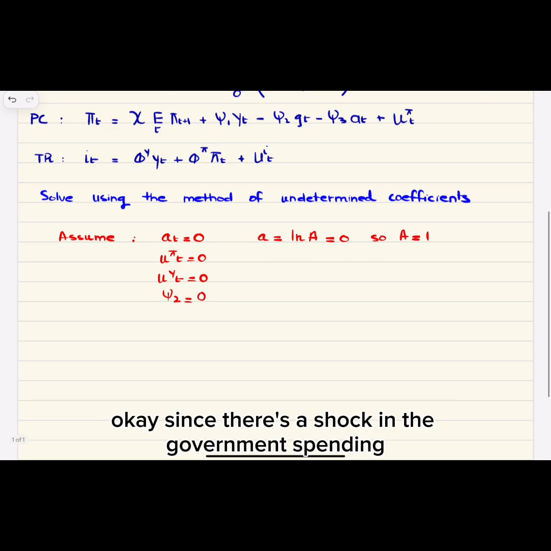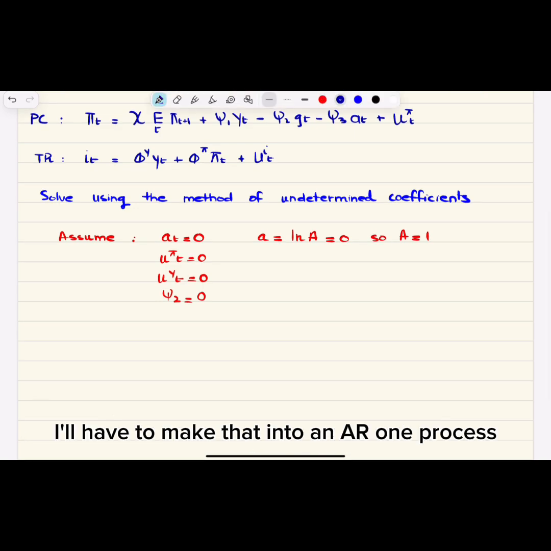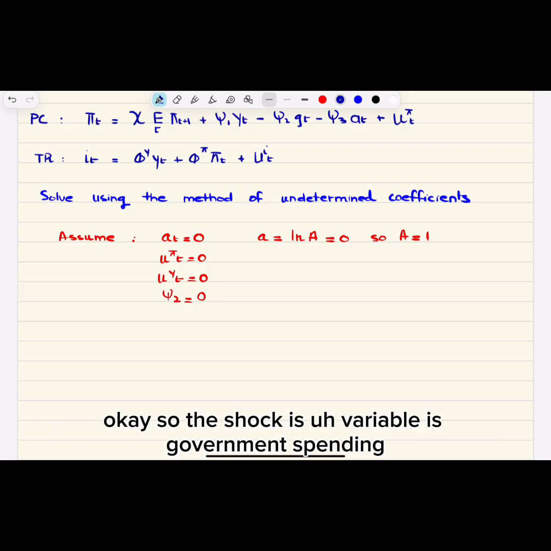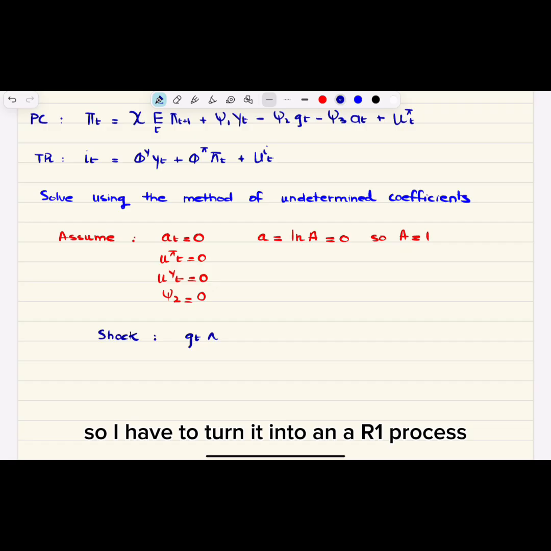Since there's a shock in the government spending, I'll have to make that into an AR1 process. So the shock variable is government spending, and I have to turn it into an AR1 process.